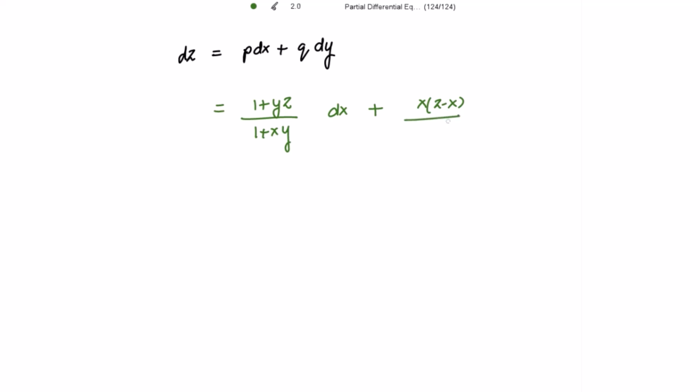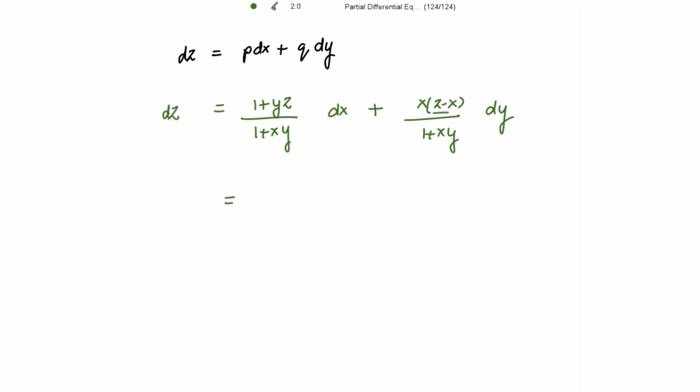Now the equation dz equal to p dx plus q dy becomes, putting the value of p, 1 plus yz divided by 1 plus xy dx, plus the value of q, x into z minus x divided by 1 plus xy dy, and here we have dz.